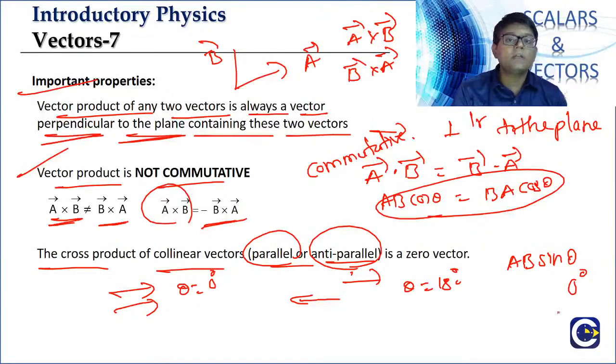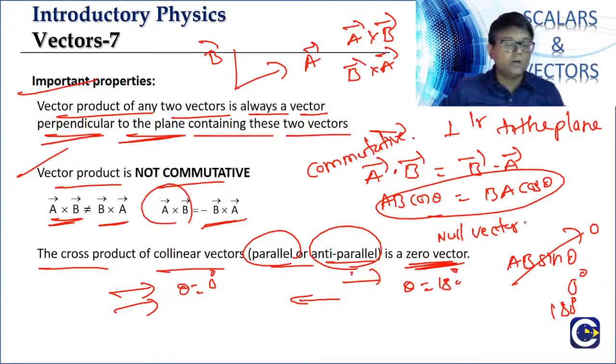Sine 0 is 0. Sine 180 is 0. So the AB sine theta value will be coming as 0. So this is a vector which has a magnitude 0. So what do we call it? We will call it zero vector or null vector. Is it clear? So this is what will be the cross product of collinear vectors.